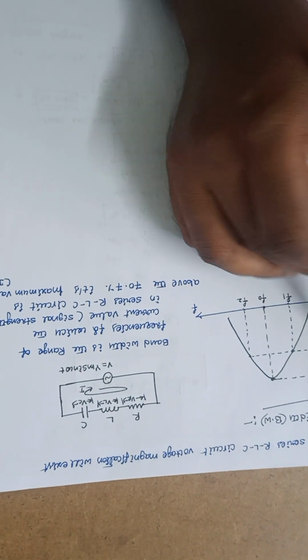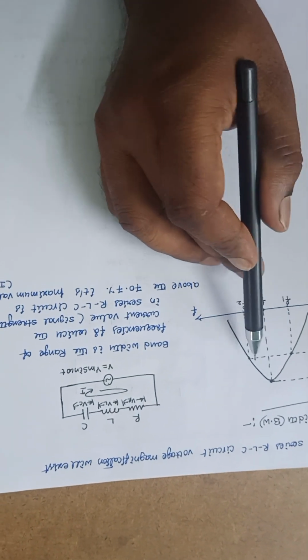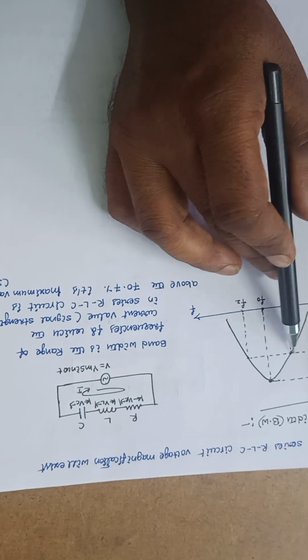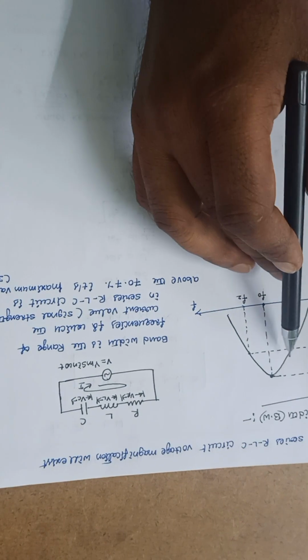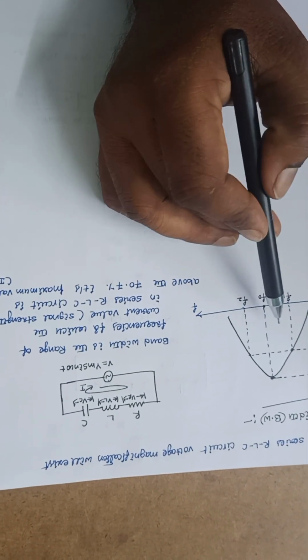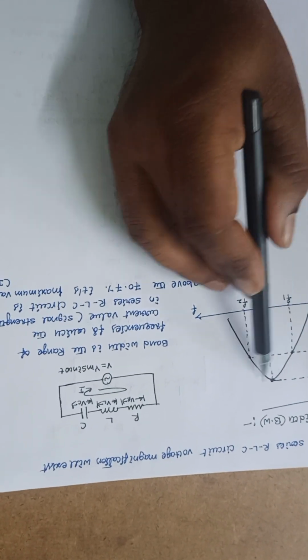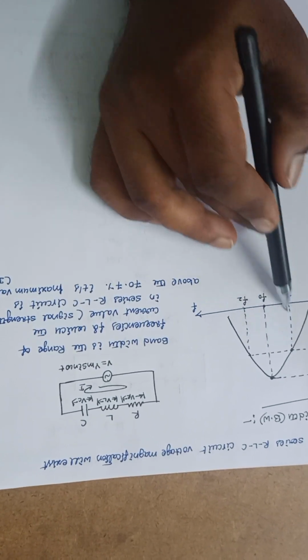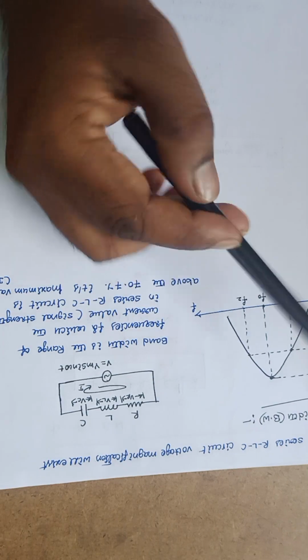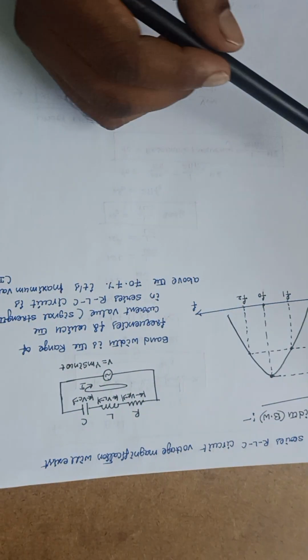So this is the range of frequencies for which the signal strength is above 70.7% of its maximum value, I naught.